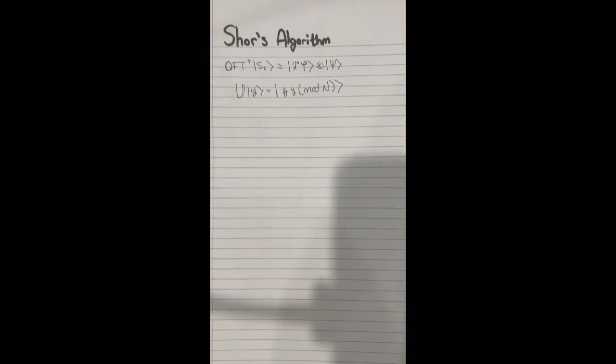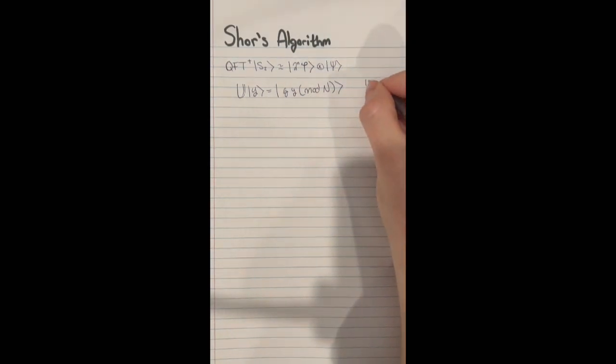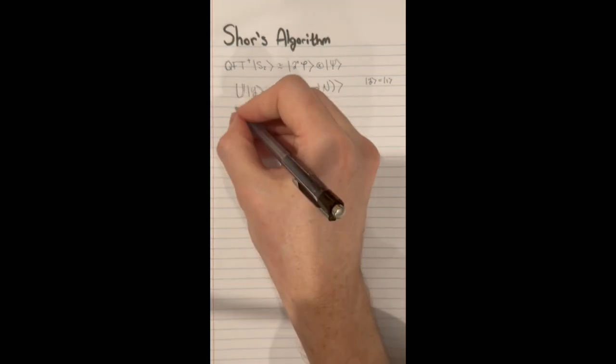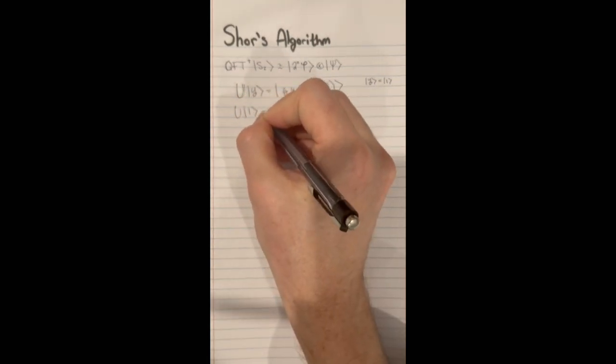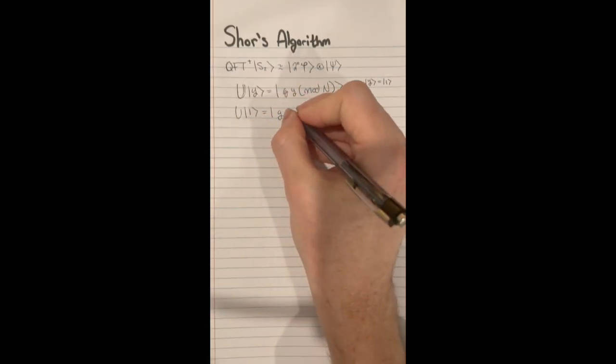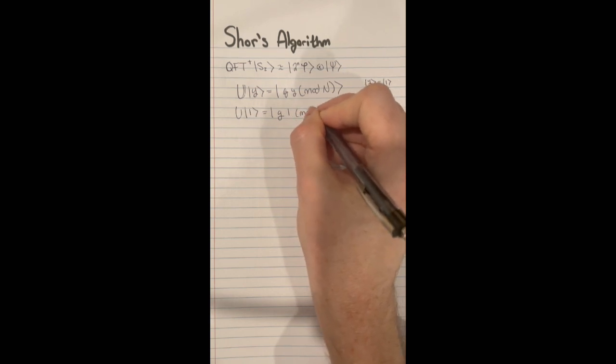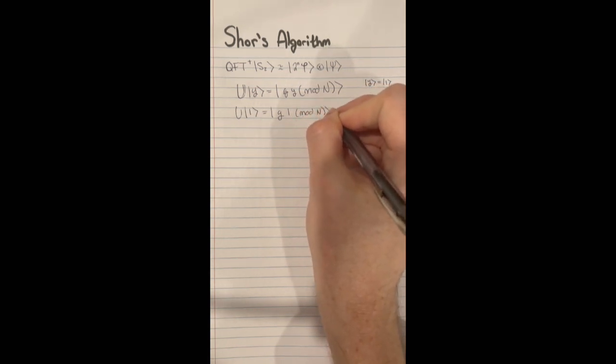So let's first say that we begin with the state y equal to 1, and we apply U. So we have U on 1 is going to equal g to the 1 mod n.